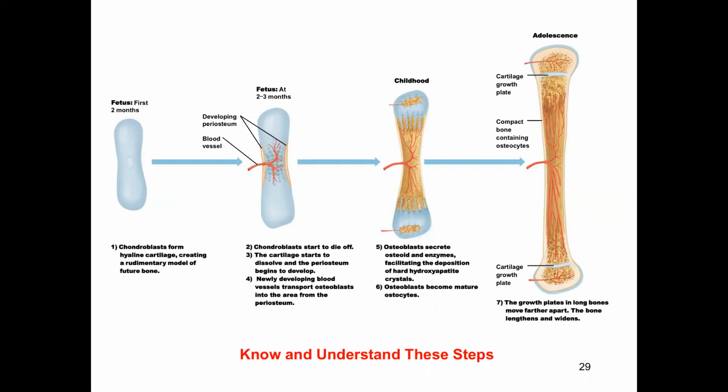The mesenchymal cells, and I'm now on page 9 of my notes, instead of developing into osteoblasts like they did with intramembranous ossification, are now becoming chondroblasts. So they're going to lay down cartilage, all right? The type of cartilage is hyaline cartilage, and they lay it down in the shape of the bone.